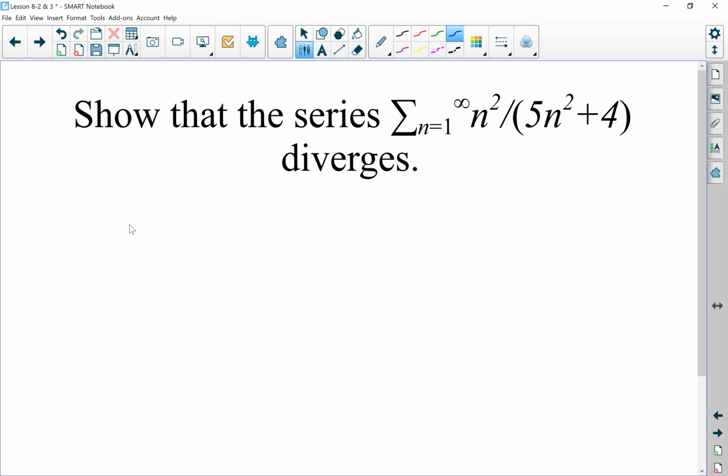Well, to show that it diverges, I'm going to take a look at the limit as n approaches infinity of my definition of my terms in this sequence.